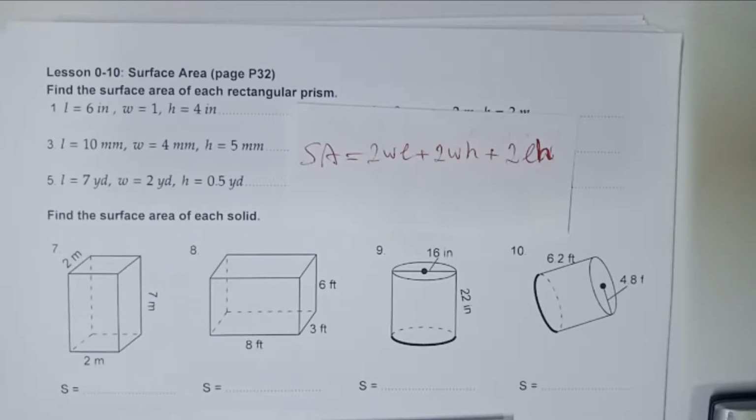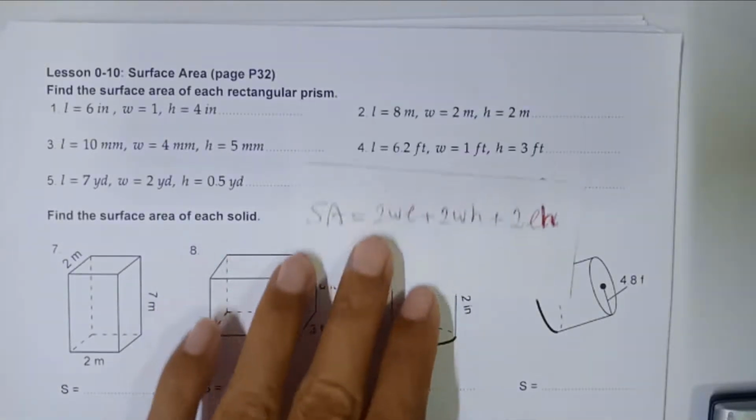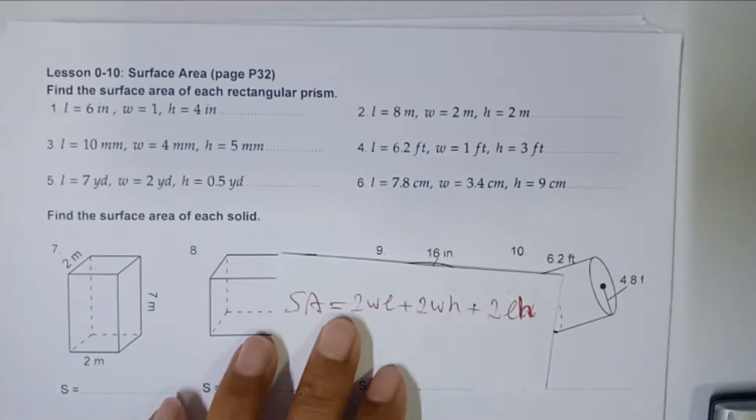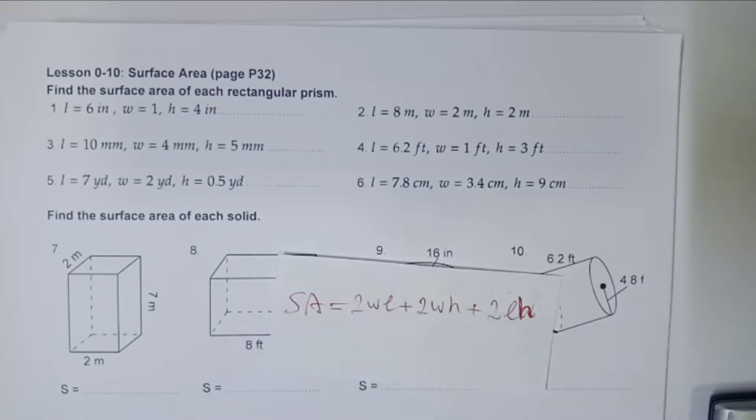Now let's begin with number 1 to number 6. Let's list it all out in case you do not know how to do it.